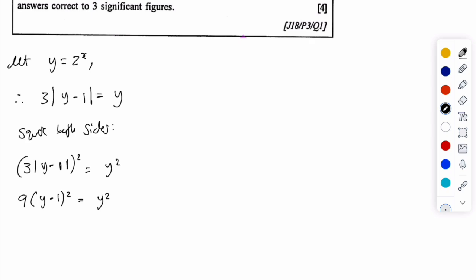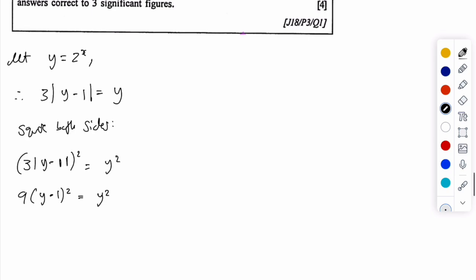Okay. Therefore, we've got 9 here, y squared minus 2y plus 1 is equal to y squared. So can you see what we're doing here? We're turning this into a classic quadratic equation.